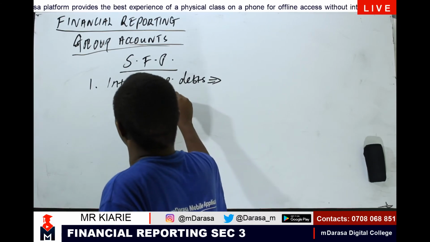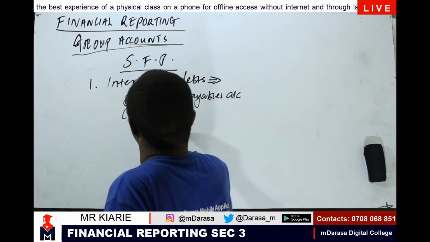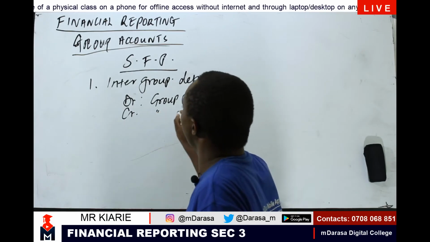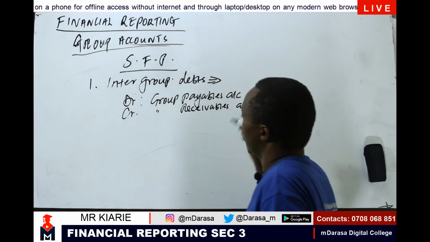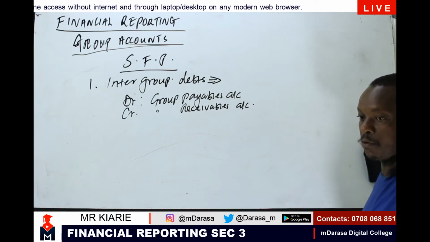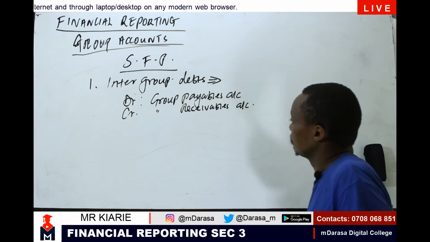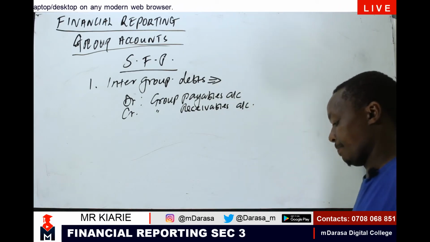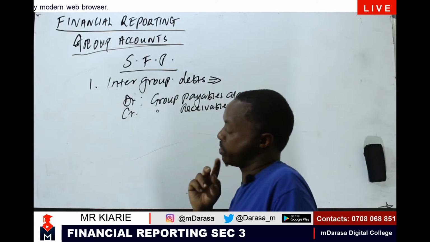Debit group payables account, credit group receivables account. So that's how you account for an intergroup debt. Any question?